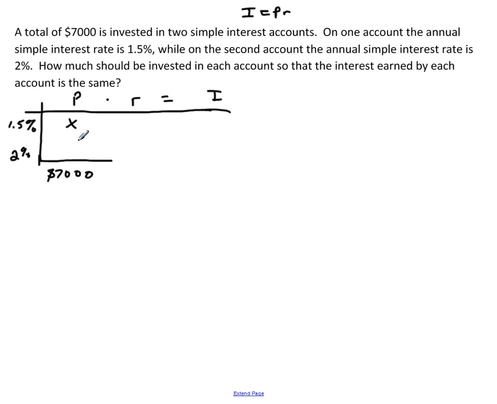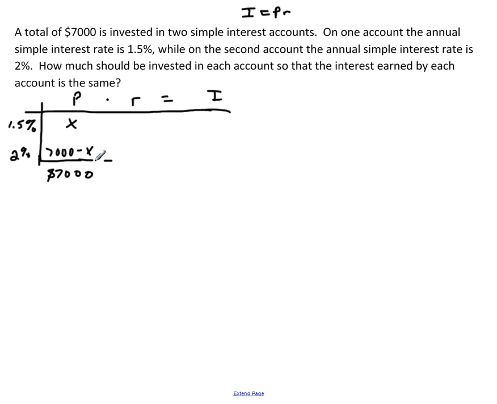Well, there's a total of $7,000, so whatever I put in the first account, the second is X dollars less than that $7,000, which algebraically is the quantity 7,000 minus X. So that's what we write here.